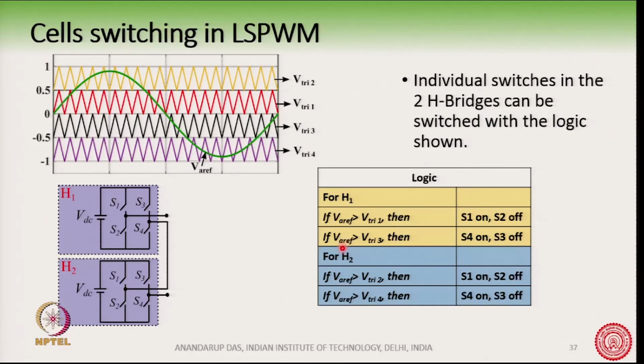But VRF is always more than triangle 3. So, during this entire portion of the waveform, S4 will be completely turned on. This is how we get the switching status of all the 4 switches in the H-bridge H1.